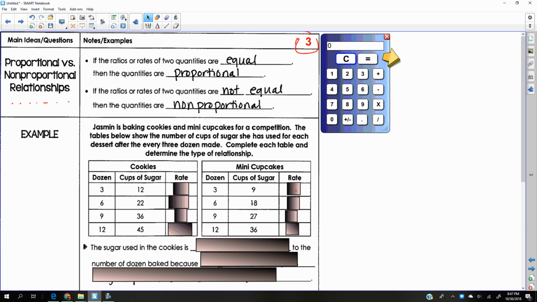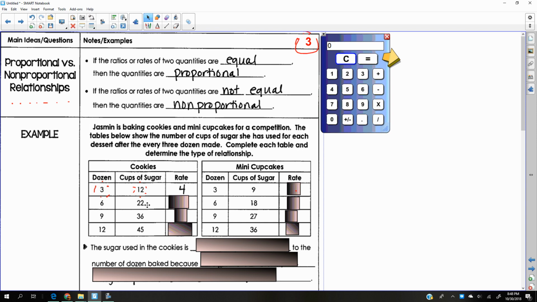So she needs 12 cups of sugar for 3 dozen cookies. So what's the rate? 3 times what is 12? The rate would be 4, because 3 times 4 is 12. If she were to make 6 dozen cookies, she needs 22 cups of sugar.